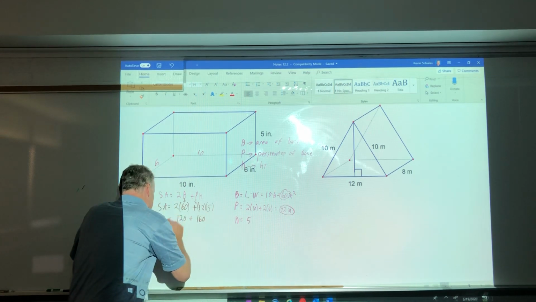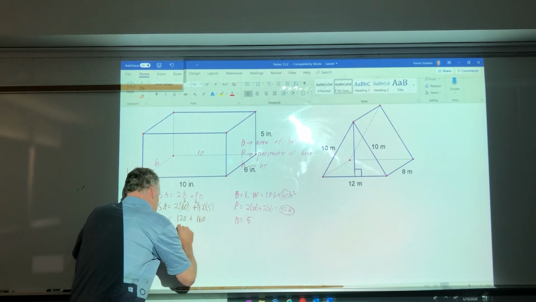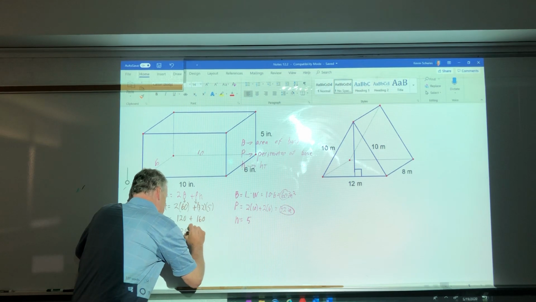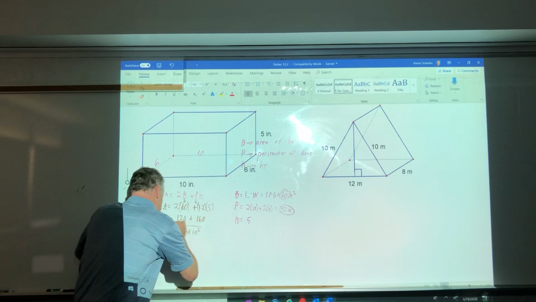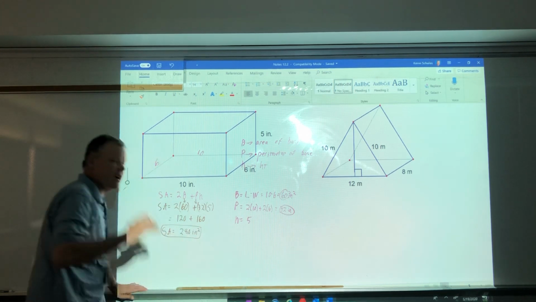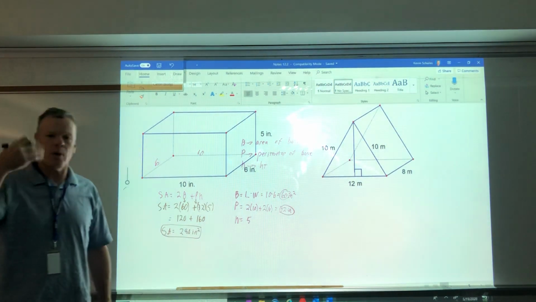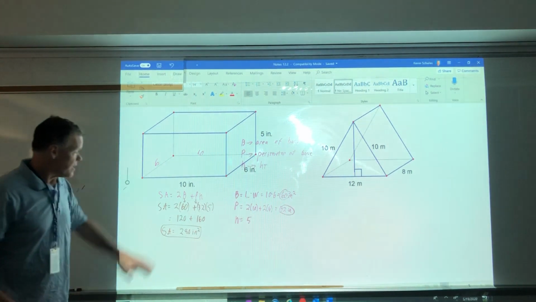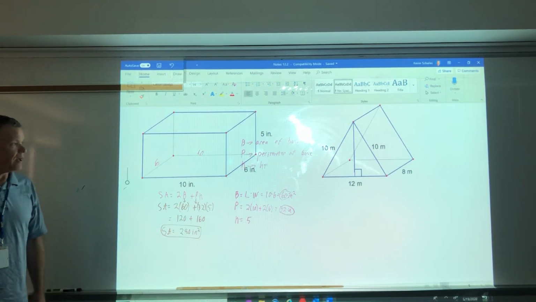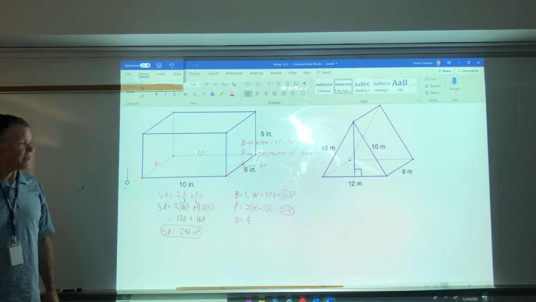And we're going to get a surface area of 280 square inches. Remember, surface area, anything with area is always going to be in whatever the units are squared. So that's how we were able to find the surface area of a right rectangular prism.